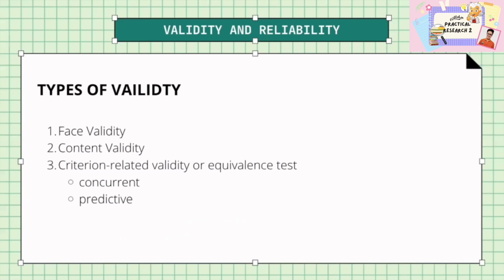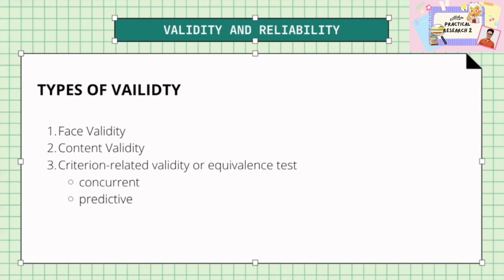For example, your research talks about online gaming addiction and academic performance of senior high students. Will your questionnaire be able to measure what it intends to measure? Okay, that's going to be validity.